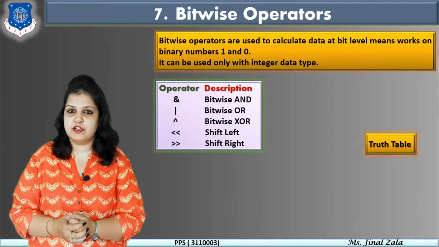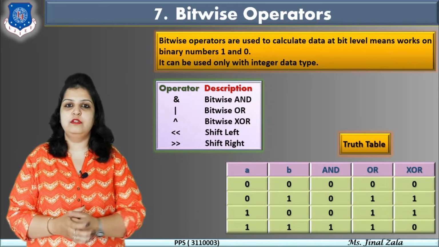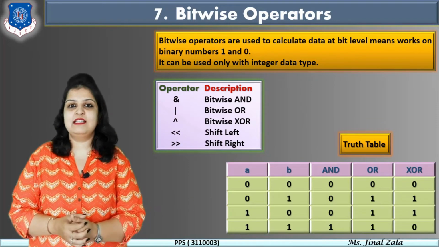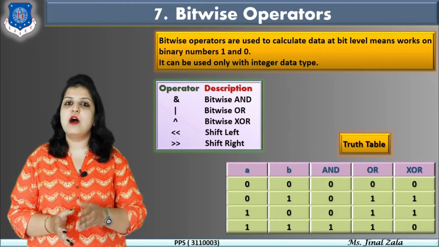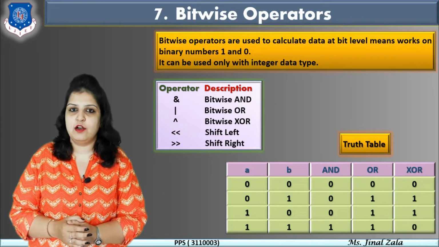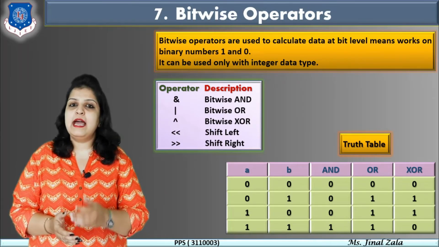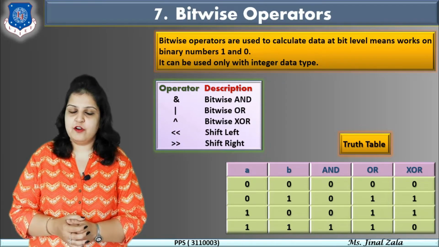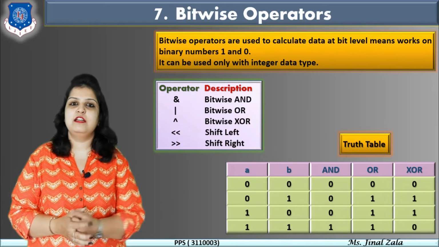So these are all the bitwise operators, and how they execute and what their function is, just see the truth table. Bitwise AND and OR have the same functionality which you have already seen in our logical operators: AND operation means multiplication and OR means addition. Just XOR is the new operation.